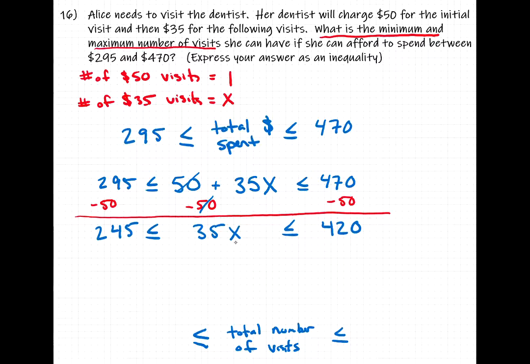Right? And one last thing to do, we want to get X by itself, so we have 35 times X. The opposite of times is divide, so let's divide by 35. And whatever we do to one side, again, we do to the others. Divide by 35. Divide by 35.